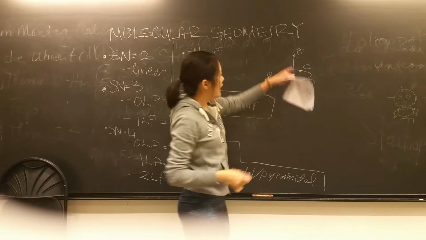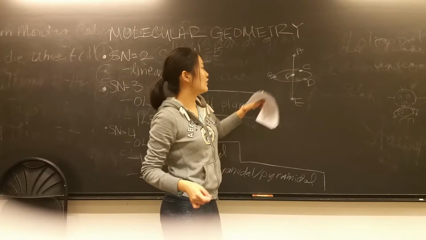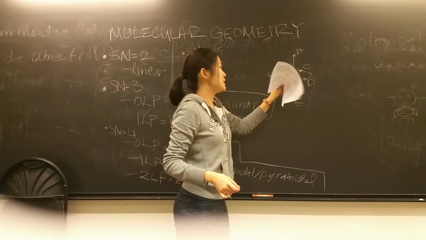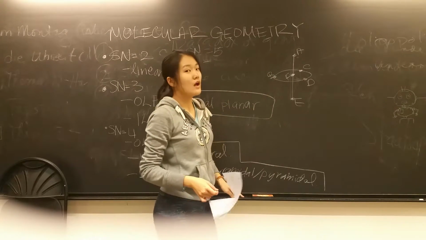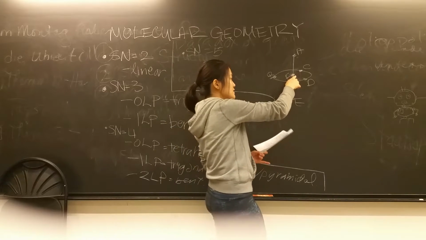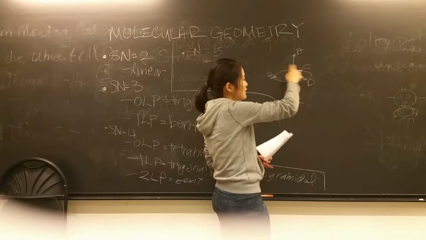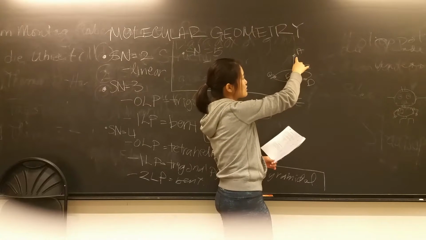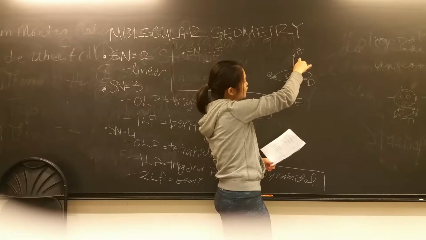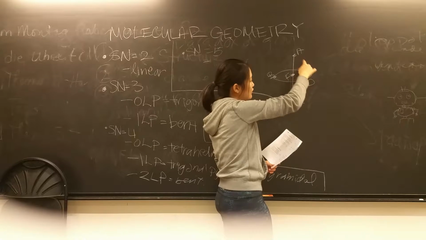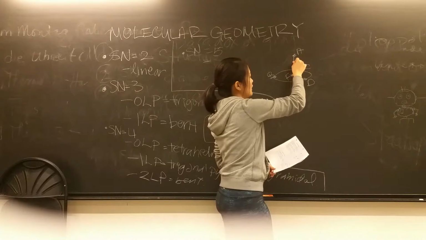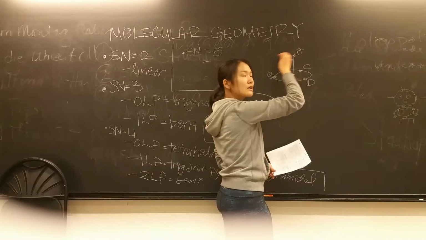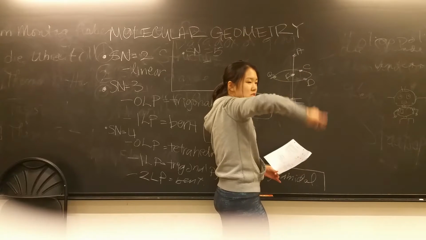So A is going to feel the forces of B, C, D, E, F, but disregarding the central atom. A is at the axial position, and it is going to feel the force of E at 180 degrees.